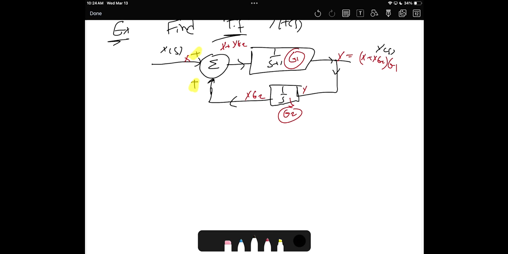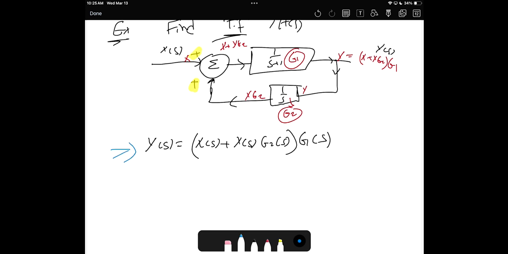So here, we already agreed that y of s equals x of s plus y of s, g2 of s times g1 of s. So, does everyone know how we get this? Do you want me to re-explain this, or is it clear?